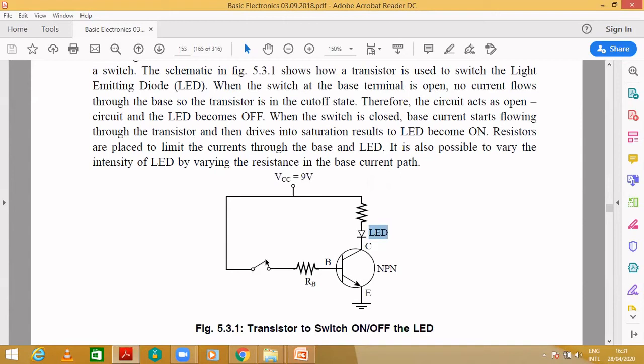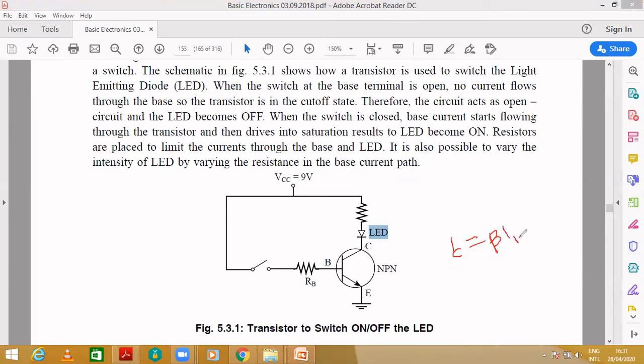Suppose I make the switch closed. At that time the current flows through the switch and through the base resistance, and it will reach the transistor. Then when you get the base current IB, you will get the collector current. As you know, this is a CE amplifier, so IC is equal to beta IB.